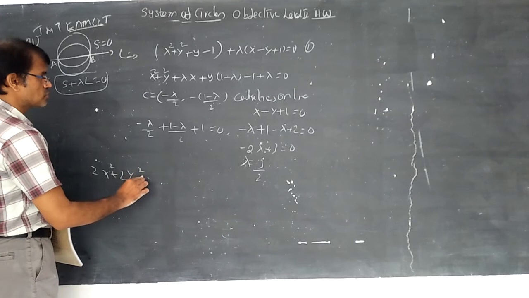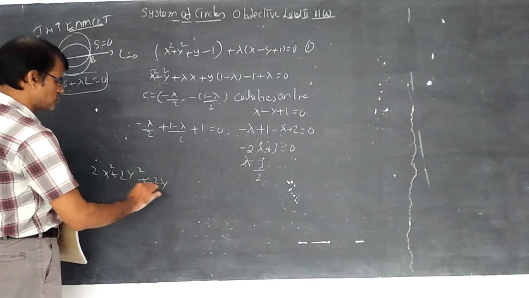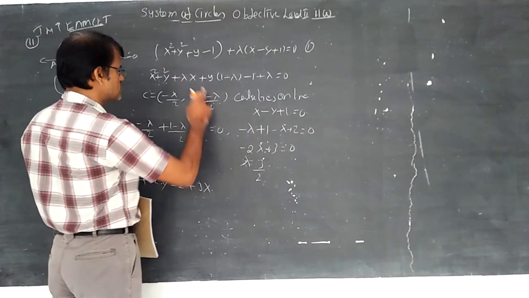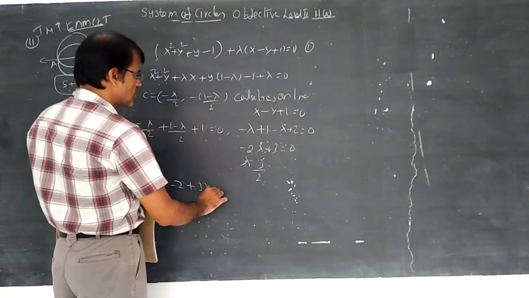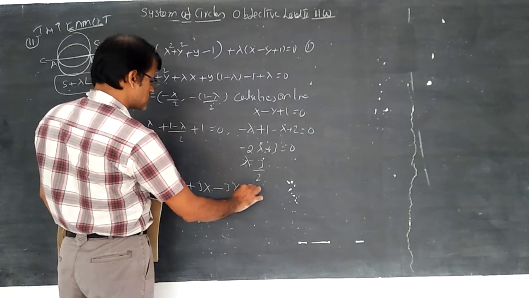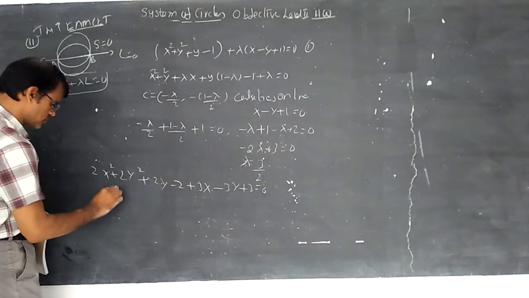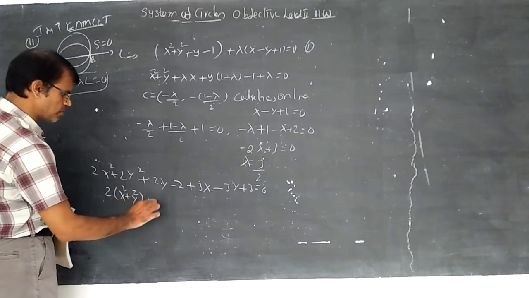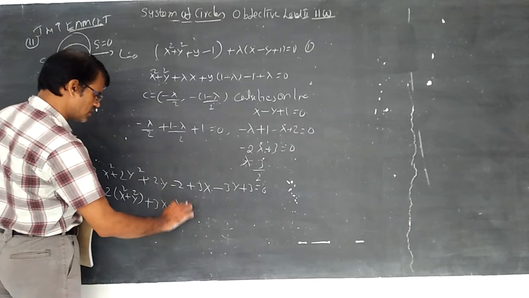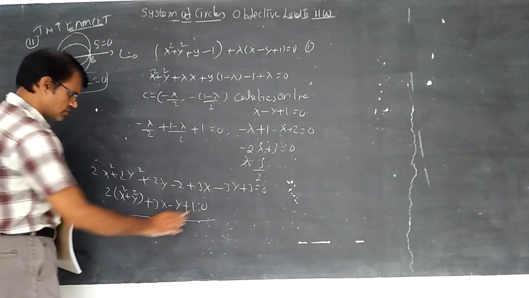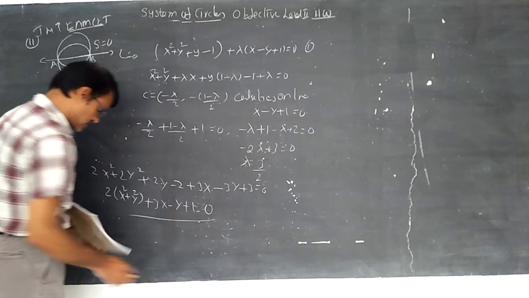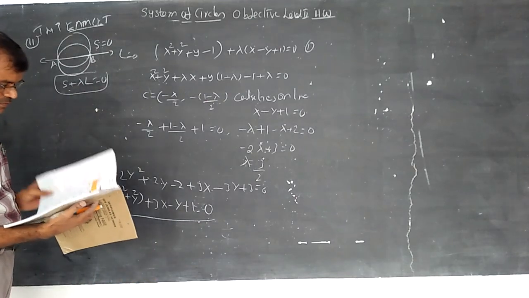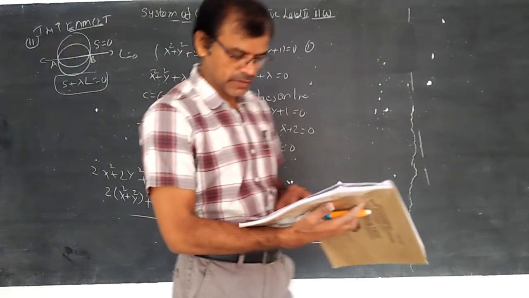Let us do 2x square plus 2y square minus 2 plus 3x minus 3y plus 3 equal to 0. So, whenever 2 is taken common, it becomes 2 into x square plus y square plus 3x minus y plus 1 equal to 0. Without a shortcut, I have simply done the full sum. The answer is here, first option.